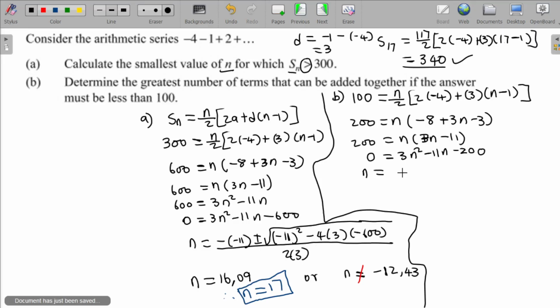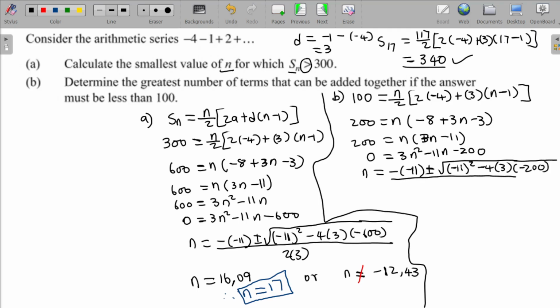So n is equal to negative of negative 11 plus or minus the square root of negative 11 squared minus 4AC, which is negative 200, all over 2A, which is 3.